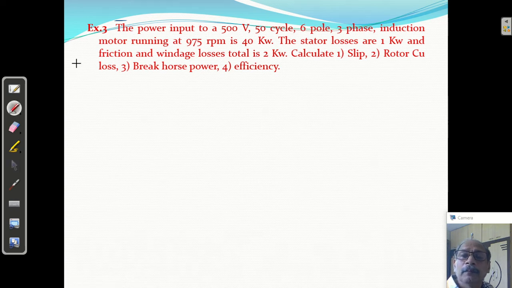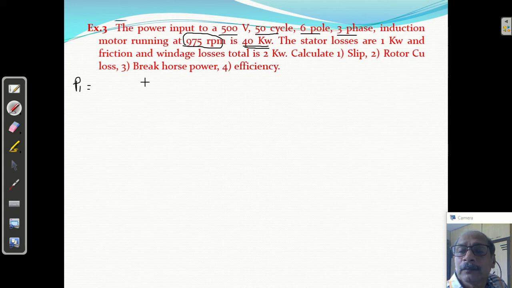The power input to a 500 volt, 50 hertz, 6 pole, 3 phase induction motor running at 975 RPM is 40 kilowatt. So P1 is given, 40,000 watt. The stator losses are given as 1 kilowatt.